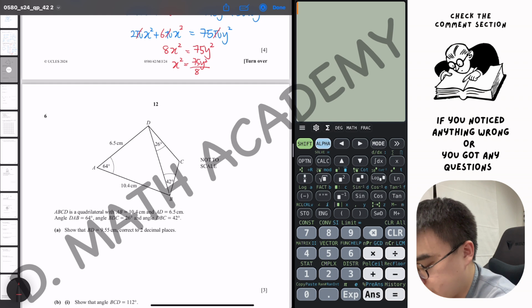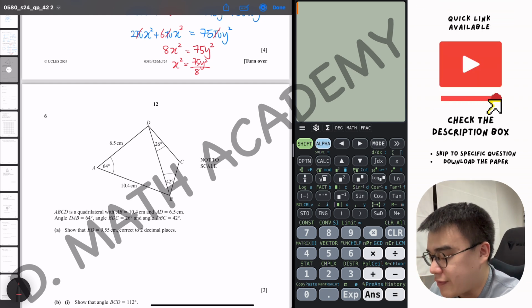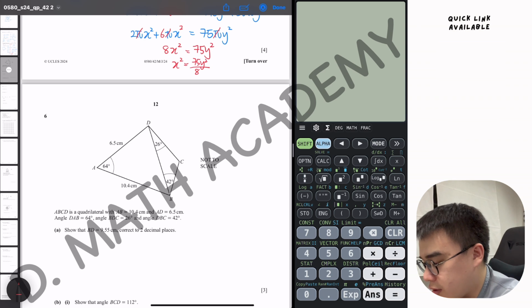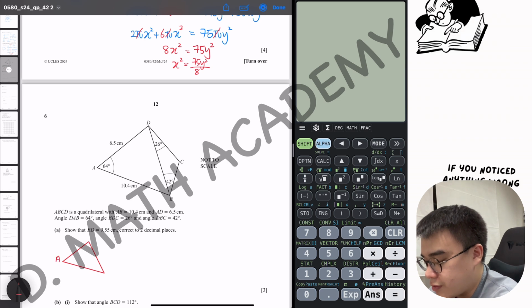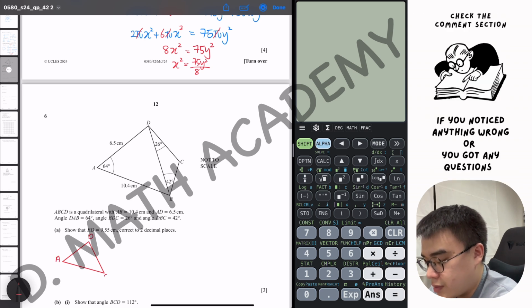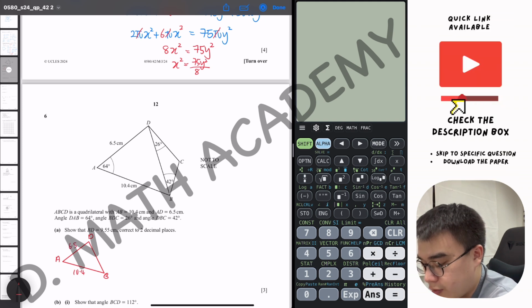Let's continue. Question 6. Show that BD is 9.55. Okay, that's pretty straightforward. I'll be using this triangle here, where it's actually your cosine rule. Where I have 10.4, 6.5, and 64.